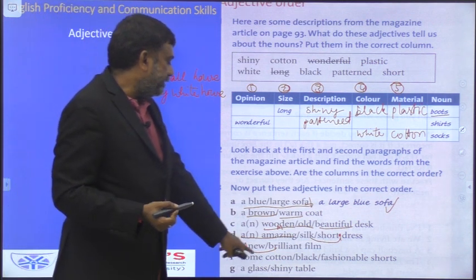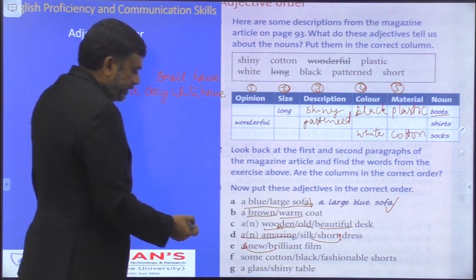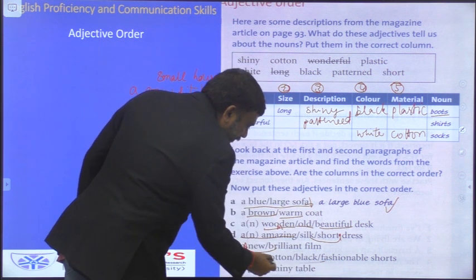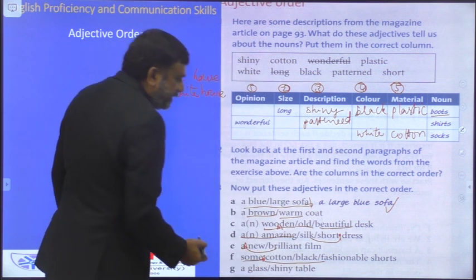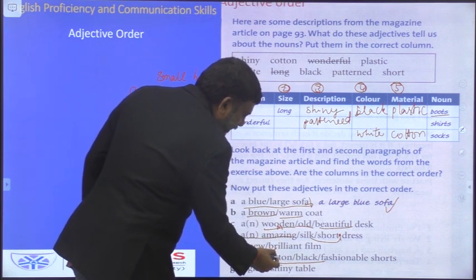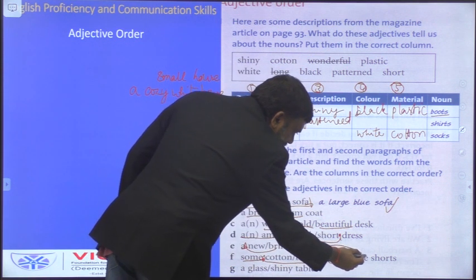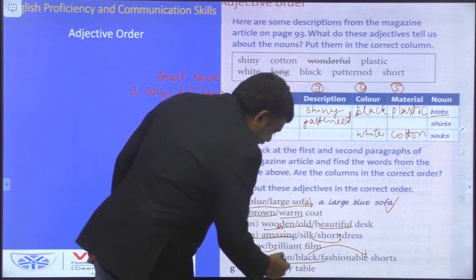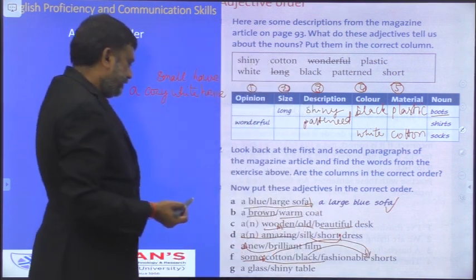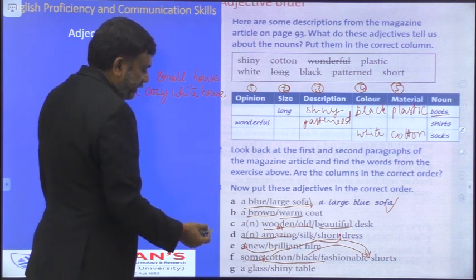What is the next one? Some cotton black fashionable shorts. Here, some, good. After that, fashionable. Next one is material and color are there. So here, next one is color. Some fashionable black cotton shorts. Next one, a glass shiny table. It is simple, we use it.